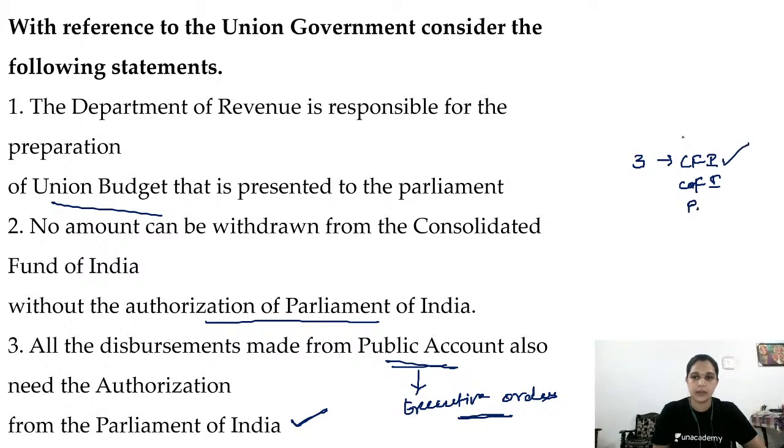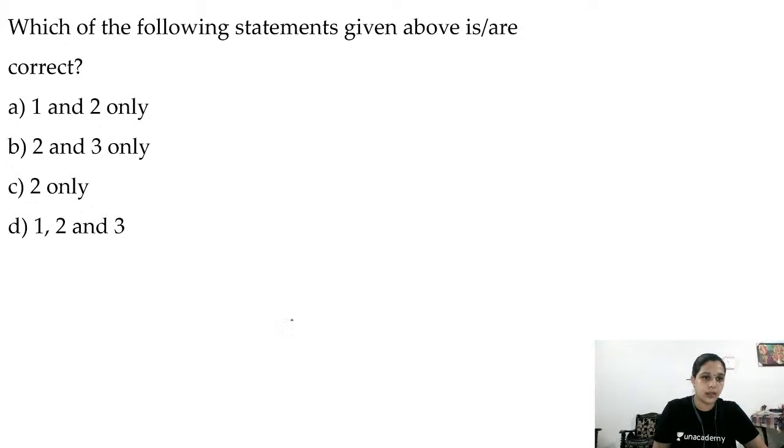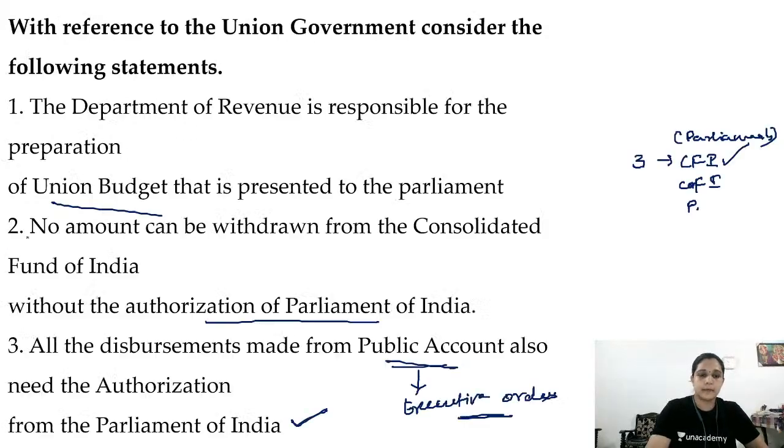Only the Consolidated Fund of India requires Parliament's approval, not the contingency fund or public accounts. So eliminating the third option, I get 2 only. No amount can be withdrawn from the Consolidated Fund of India without authorization of Parliament, which is right.